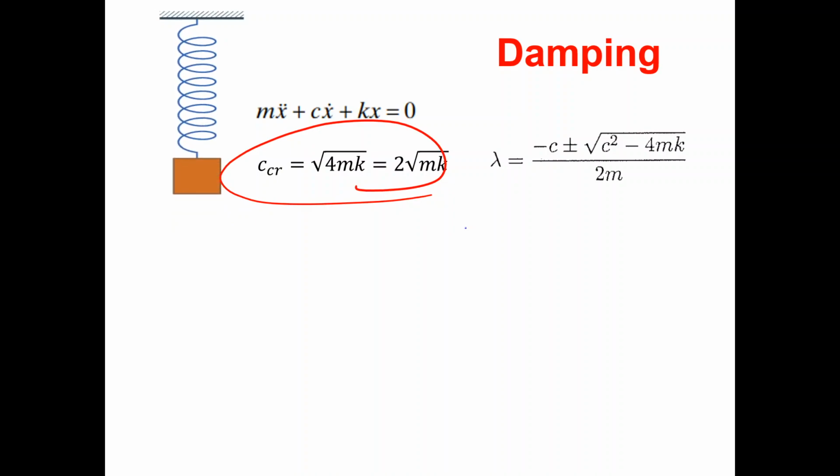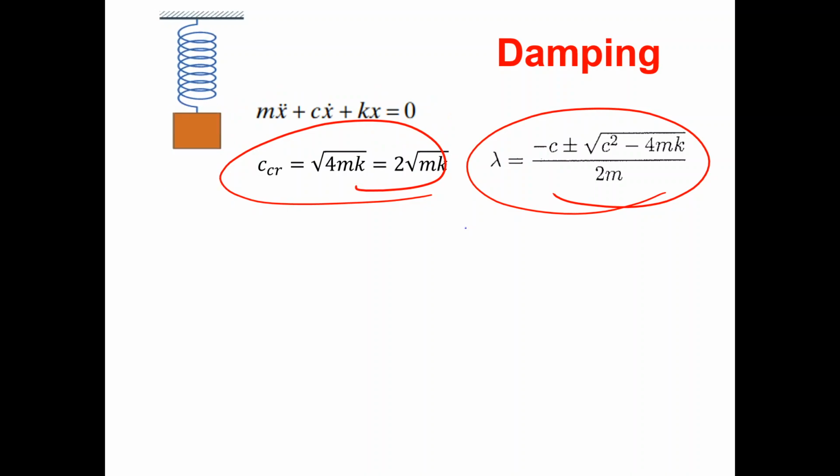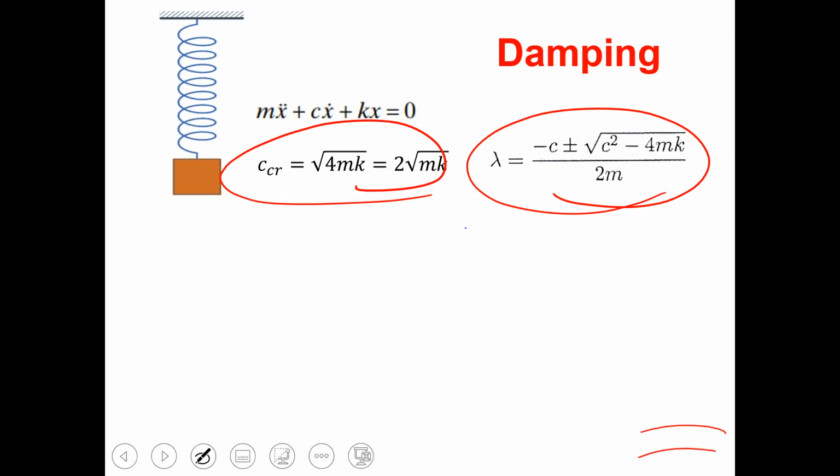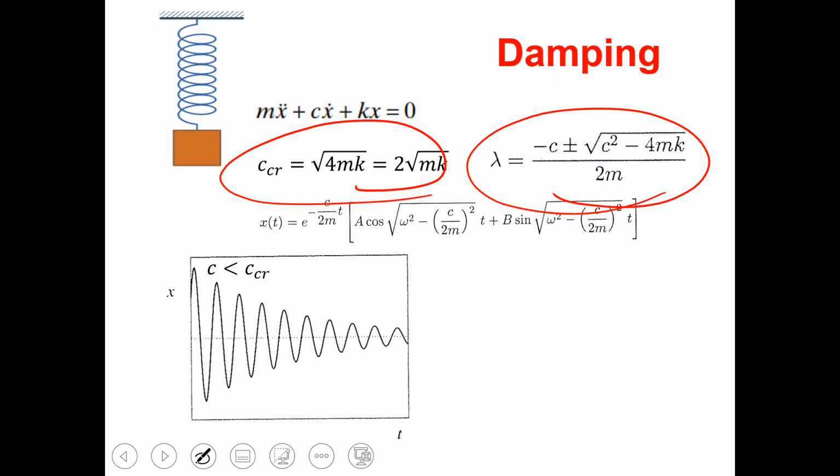For that general solution, we can find the roots to be like this, because we know that this is a type of, let's call it quasi-polynomial, but it is not a real polynomial. We can find the roots using this equation, and then your final solution looks like this.